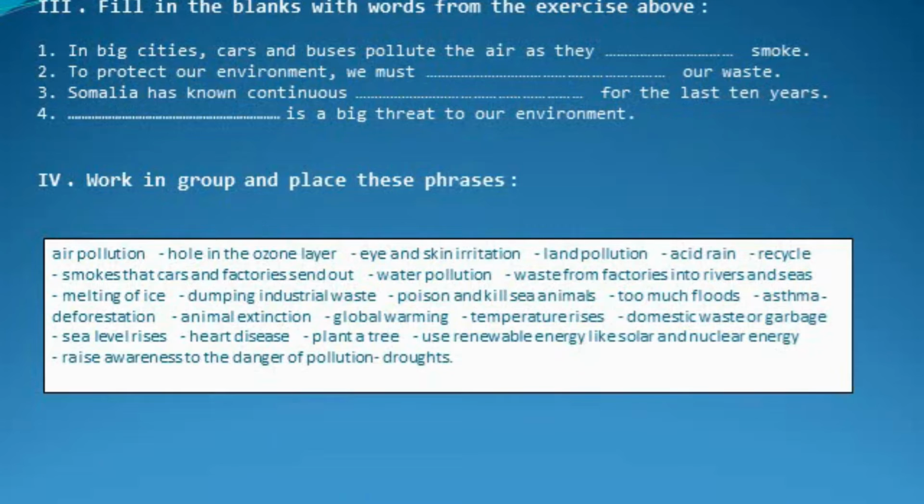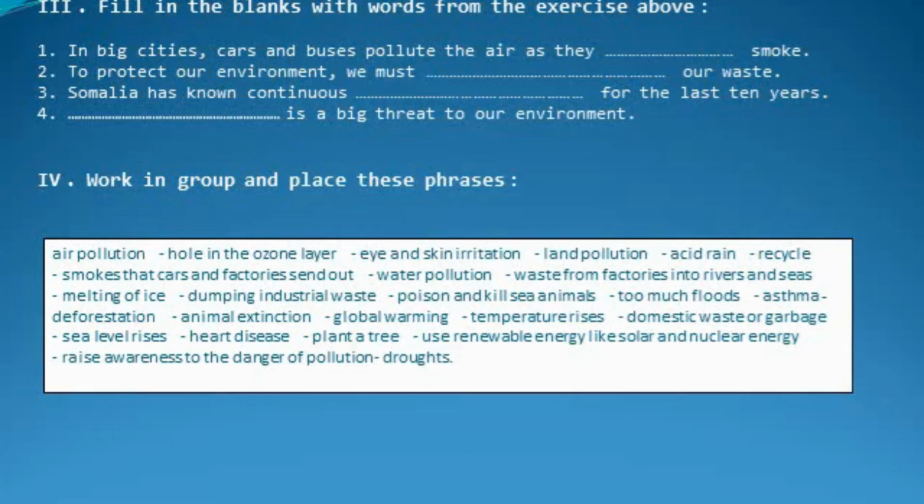So let's practice what we have already learned on the third exercise. Fill in the blanks with words from the exercise above, which means the previous exercise. Number one, in big cities, cars and buses pollute the air as they give off smoke. Number two, to protect our environment, we must recycle our waste. Waste is a synonym of garbage, rubbish.